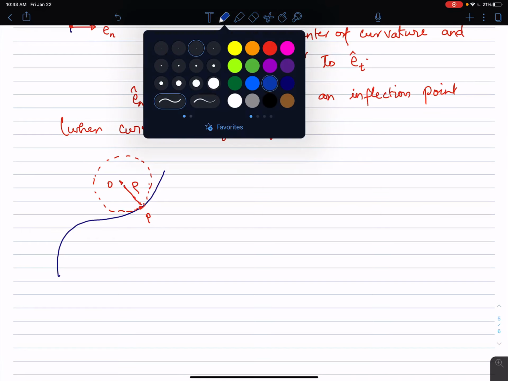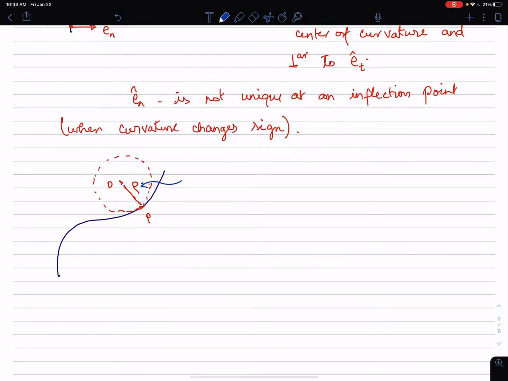This is actually the Greek letter rho, okay, it's not a P, it's a Greek letter rho. It's called the radius of curvature.